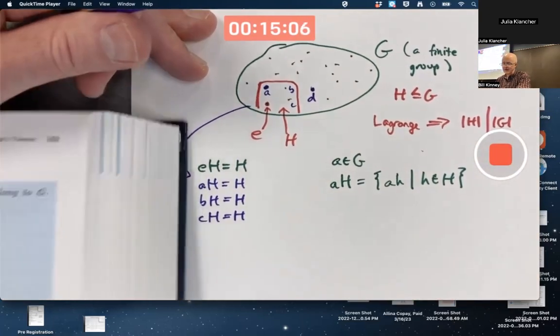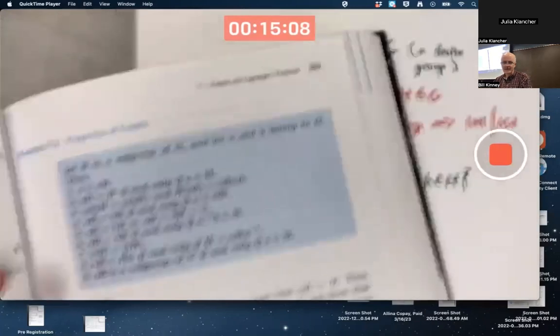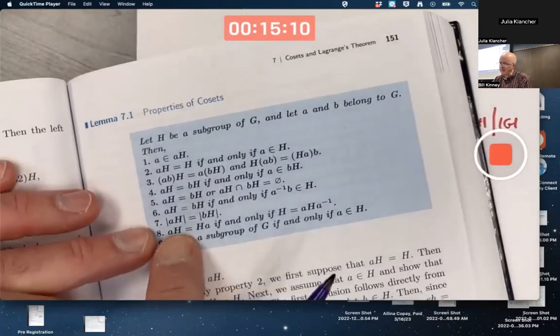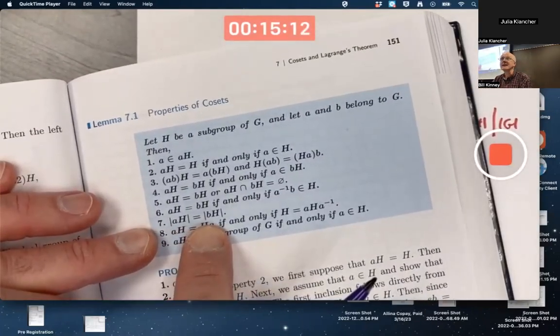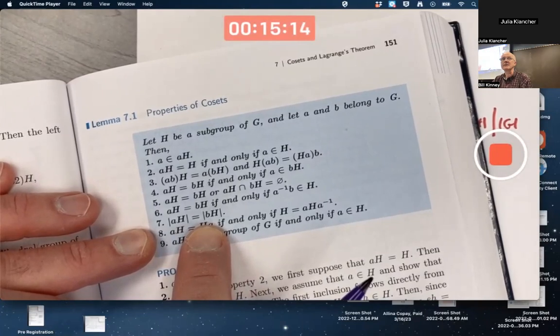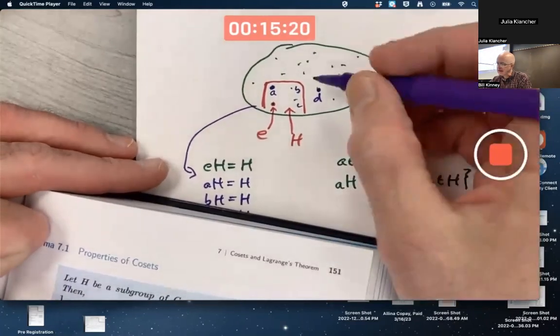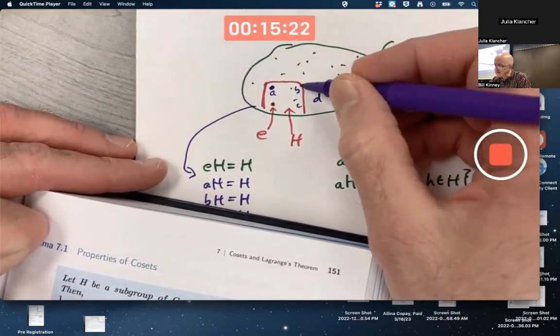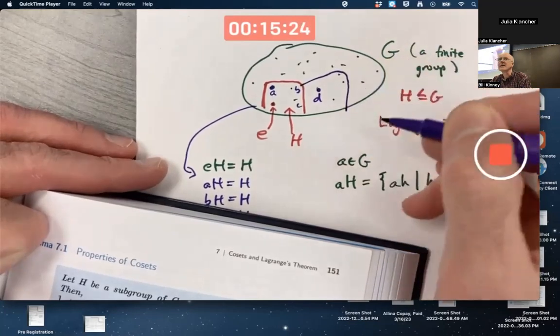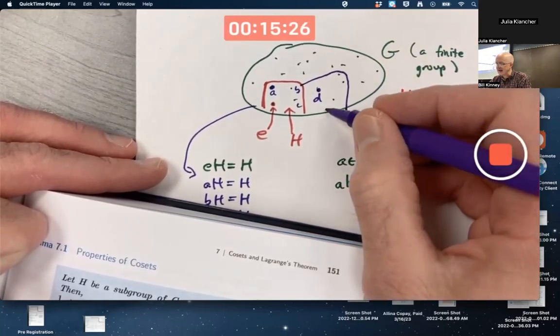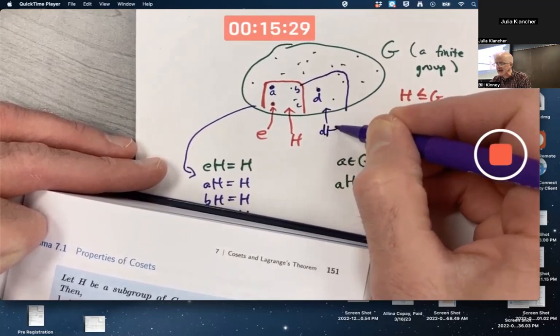And moreover, by this property, property 7, it's going to have the same number of elements as H, in fact, 4 in this picture. Or maybe it contains these 4 elements here. So that we could pretend is DH.